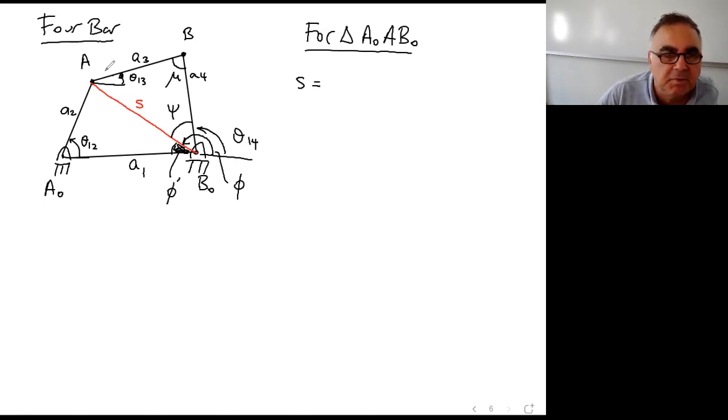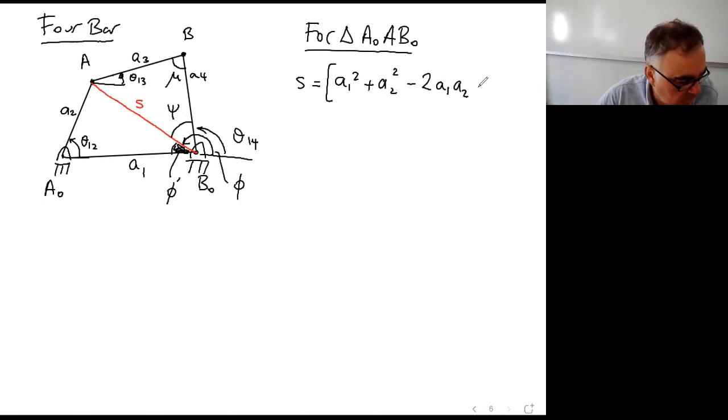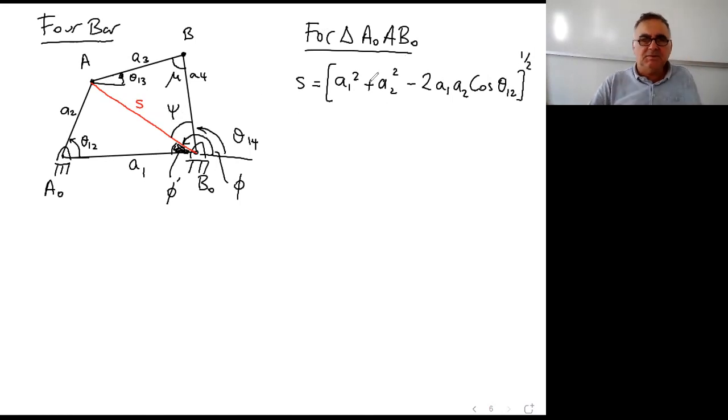S, for example, this distance from cosine theorem can be written as A1 squared plus A2 squared minus 2 A1 A2 cosine theta 1,2, to the power 1 over 2, right? This is cosine theorem. What is unknown here? Nothing. So you can find the S value very easily.